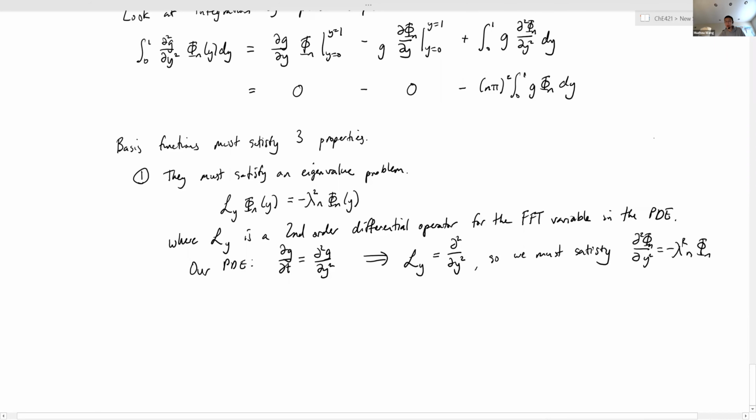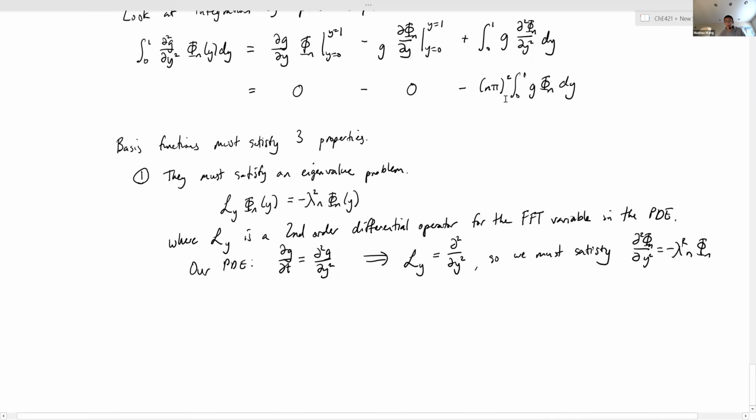Okay? And that was how we were able to convert the second derivative into, well, just the original basis function with something in between. And this something out front is our lambda sub n. It's just a constant. Lambda n is called the eigenvalues. That's why this is called an eigenvalue problem.